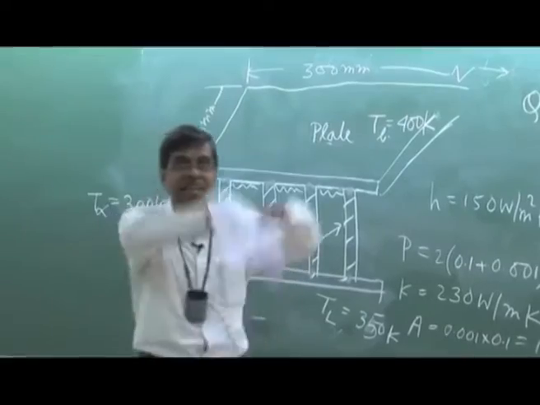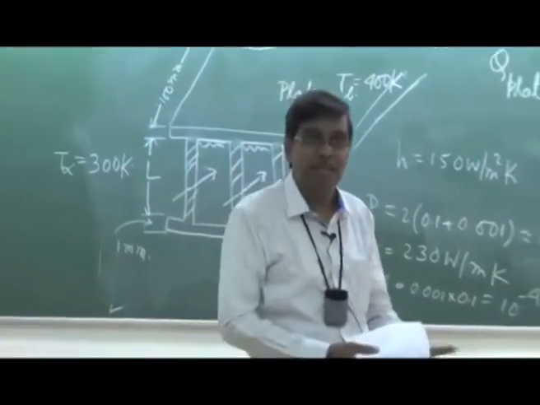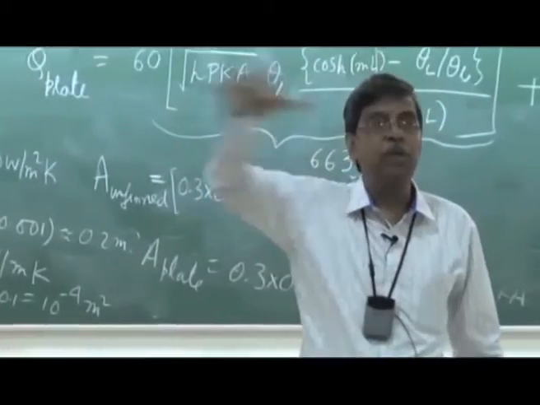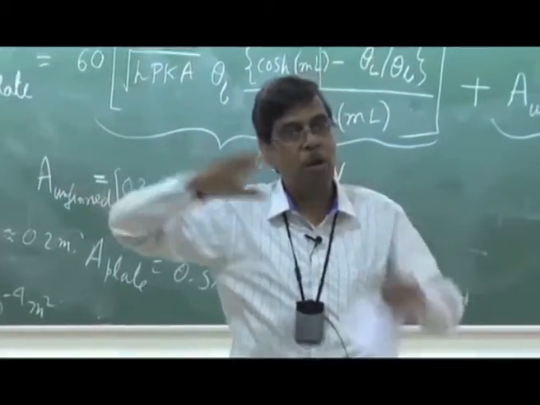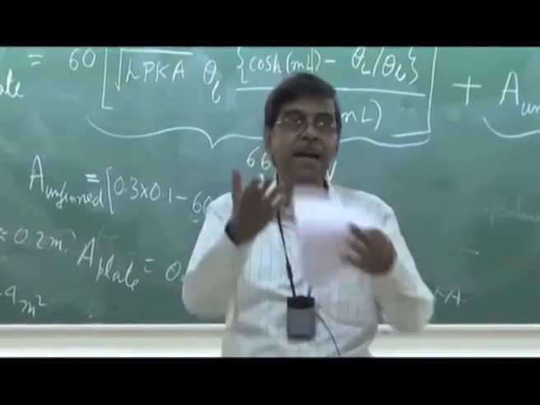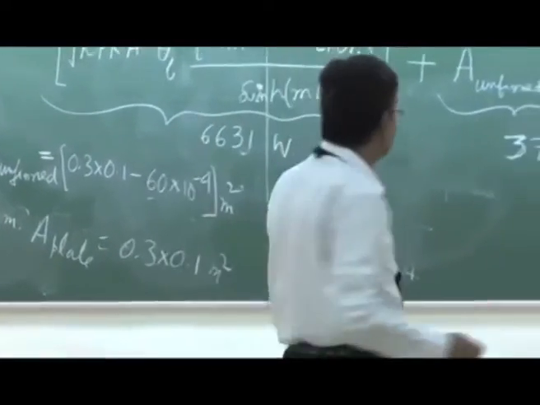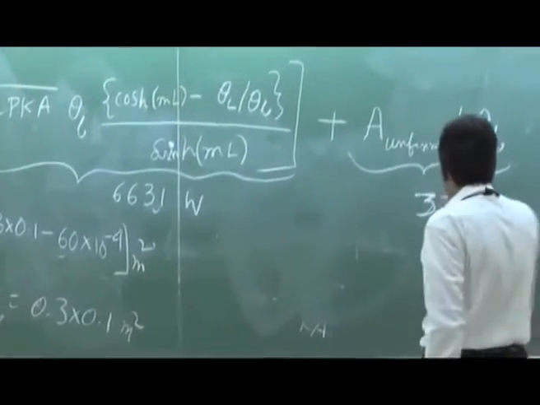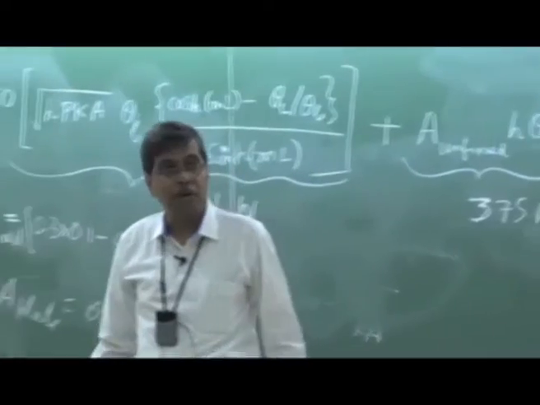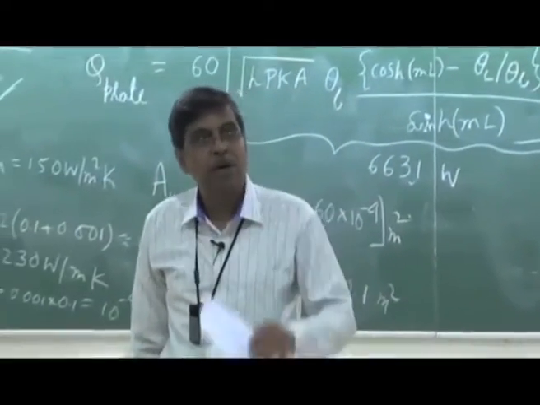You are interested in the entire system heat transfer, but this is not asked for. It is only from the top plate. So the top plate has two surfaces. The bottom surface is through fins and unfin, and you see that through fins versus unfin the ratio is more than an order of magnitude. Okay?